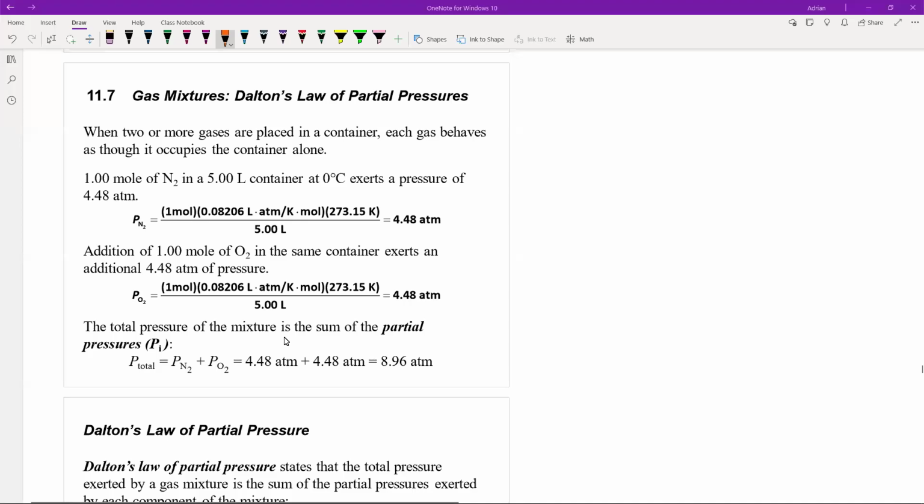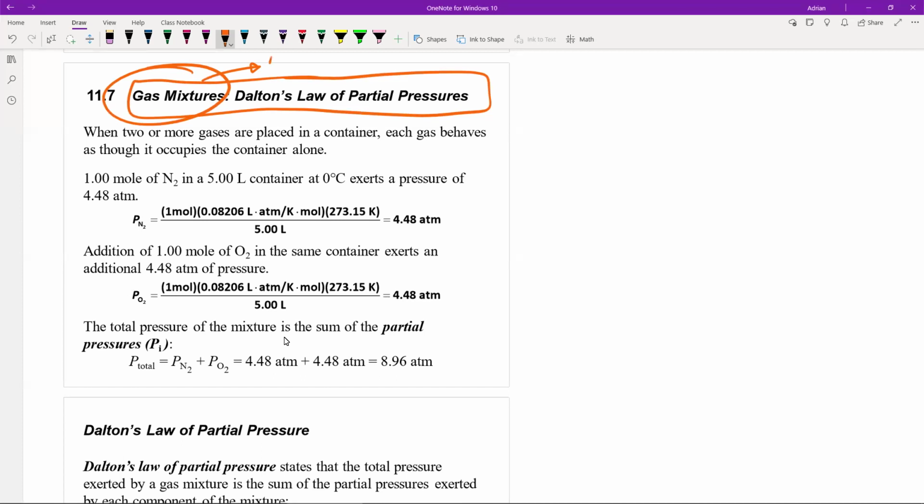Okay, so the last law we'll take a look at in terms of gases is actually probably one of the easier gas laws, and that's Dalton's law of partial pressures. This takes into account when we're dealing with gas mixtures. Remember, gas mixtures, we can often refer to those as solutions, right? And these are very common.